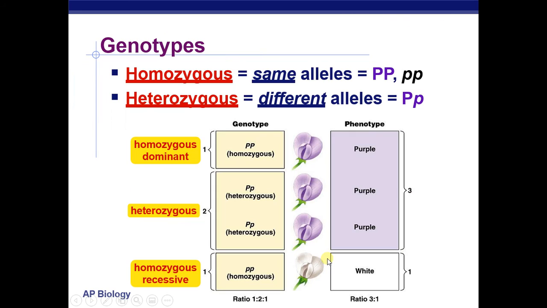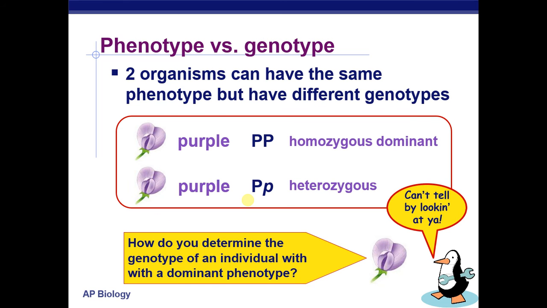Okay, so in our pea plant here, the offspring, 25% were homozygous dominant, 25% were homozygous recessive, and 50% were heterozygous. That's a better, more accurate way to describe them. So 2 organisms can have the same phenotype but different genotypes.